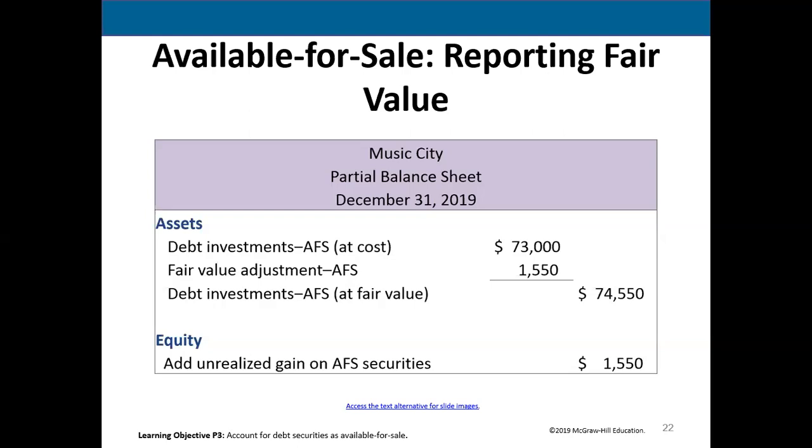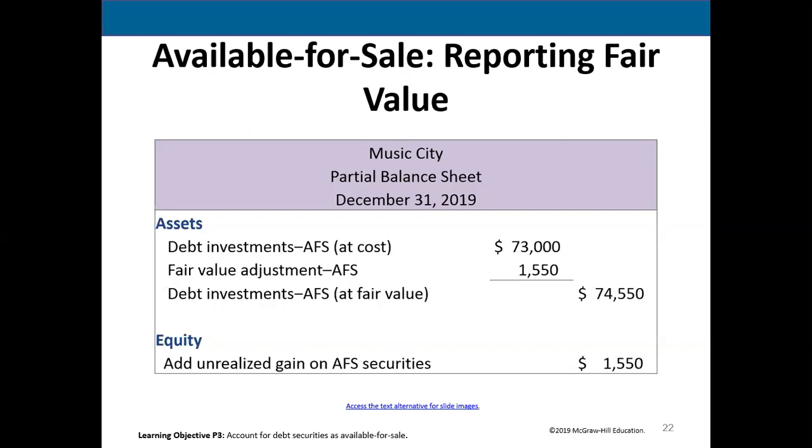Here's the debt investment is $73,000. That's what we originally paid for them, but we increased them for the fair value adjustment. So on the balance sheet, they'll be reported at their fair value of $74,550. Notice also on the balance sheet in stockholder equity section, we will have a line called unrealized gain on AFS, available for sale securities.